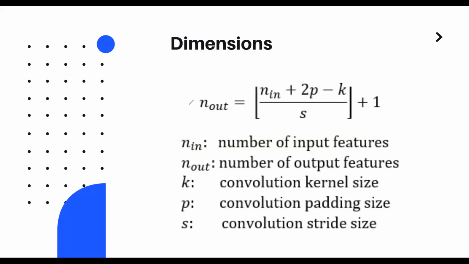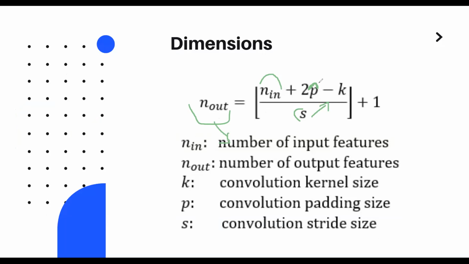So this is the dimensionality of the output. This is the dimensionality of the input. This is the padding. So the bigger the padding, the bigger the output. This is S, the stride, which you can see is being divided on. The bigger the stride, the smaller the output.